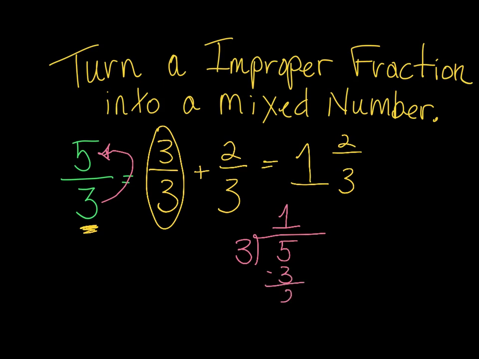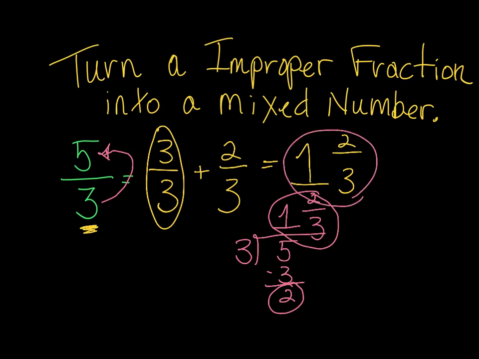We subtract, we get 2. Our remainder becomes our numerator, and our denominator, just like I've always been saying, stays the same. So it's 1 and 2/3, just like this one is 1 and 2/3. So you can solve this by doing division, taking the denominator and dividing it into the numerator, or you can do it the way we also started with, by pulling out the wholes and adding on the extra.